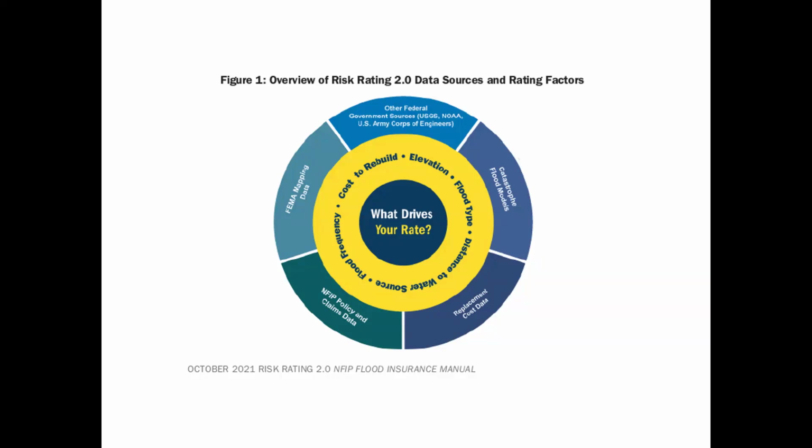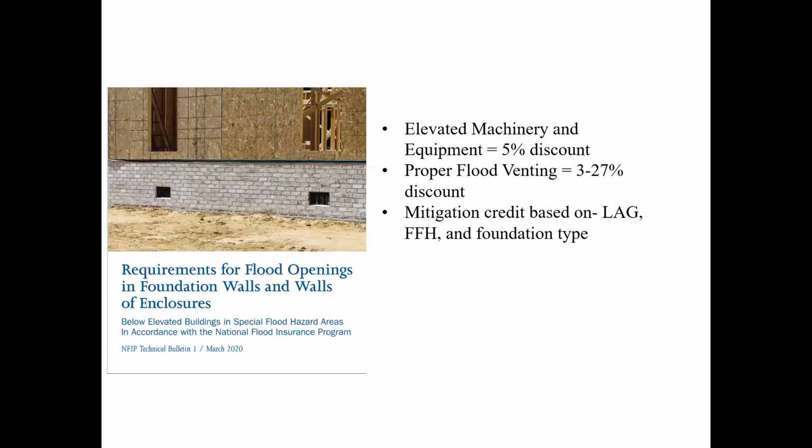They're now looking at all these different types of data to pull into their rating engine, which we don't have access to. It's a bit of a black box that we don't know how things are rated or weighted particularly. But we just know that they're using all these different data points, including past claim data and these other data sets from different agencies.